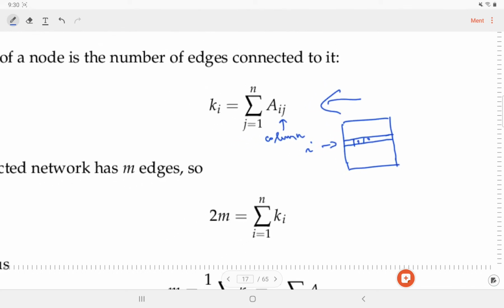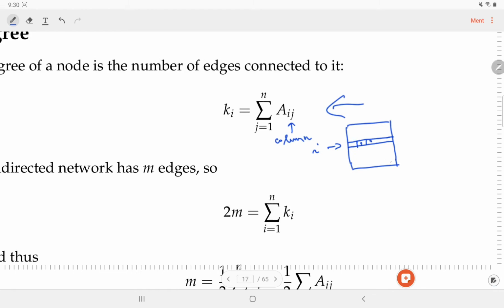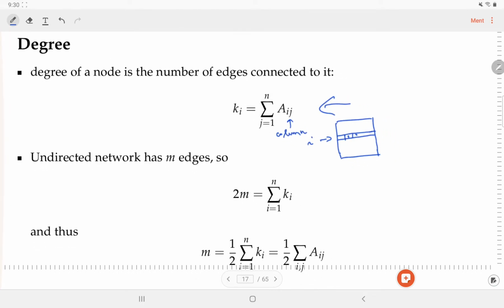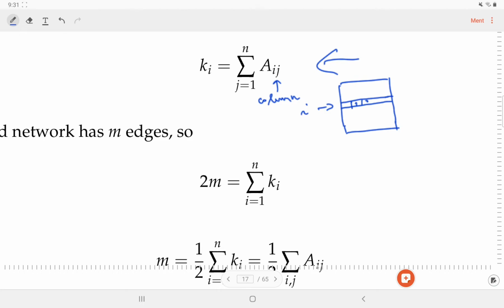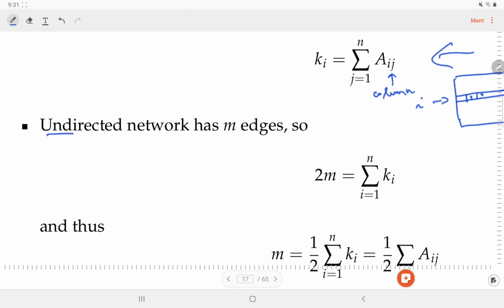That's actually a nice thing, because it seems that we can very easily calculate the degree of the nodes. Now, you can see clearly that if we have an undirected network, let's assume that the number of edges is equal to m.